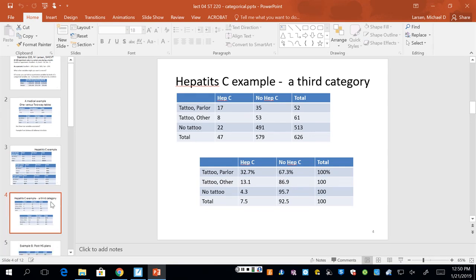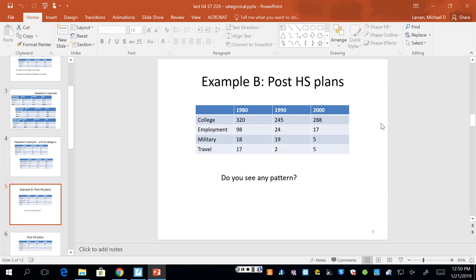Yeah, well, right. So here's another little data set. There's a survey called the General Social Survey that asks people in the United States about a number of things, and this was asking individuals who are finishing high school what they plan to do. The survey was done in 1980, 1990 and 2000.